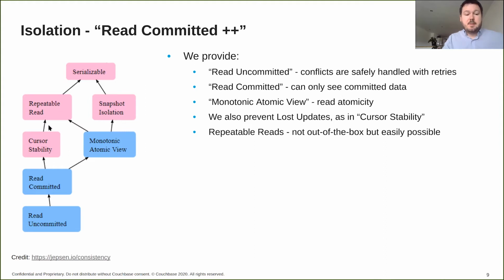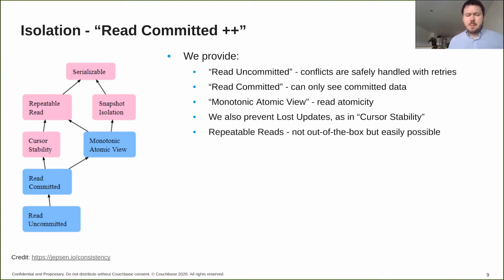So our isolation level, hopefully I've shown, we claim read committed, we're really well above read committed. I actually call it read committed plus plus. It's a really good blend of performance and usable isolation. Above all, what we really wanted to do was just present a usable system without surprises.